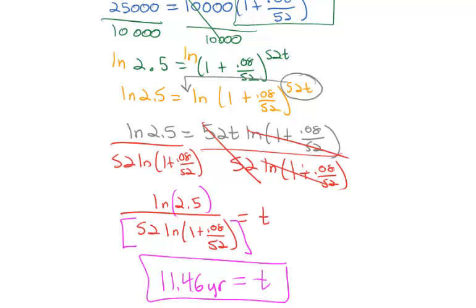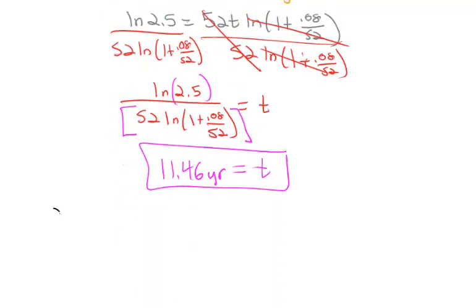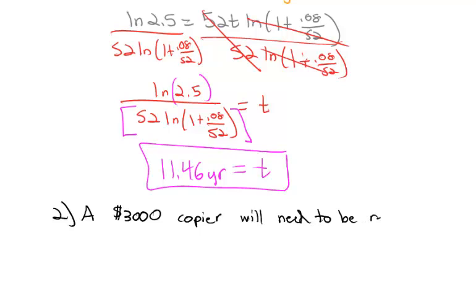Let's do another compound interest problem. Let's say we've got a $3,000 copier that will need to be replaced in 7 years.